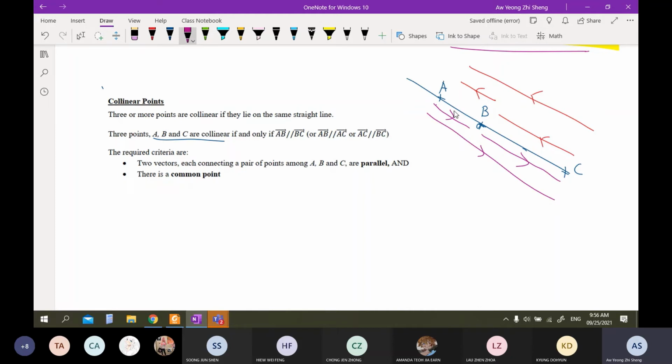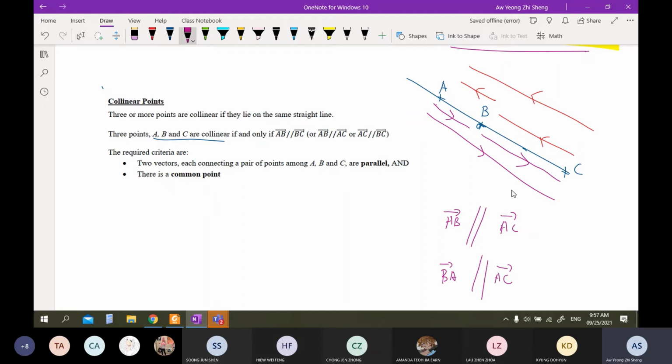Which means if you simply take a pair of vectors to compare, let's say AB with AC, I can confidently say that they are parallel. If I take a different pair, let's say BA with AC, I can also confidently say that they are parallel, as you can see in the diagram. Remember, parallel doesn't necessarily mean same direction.